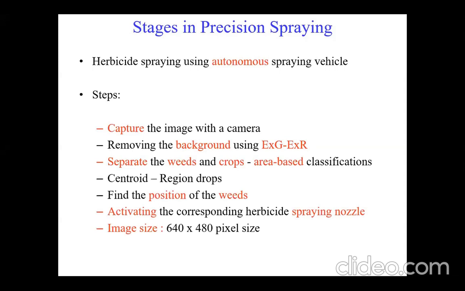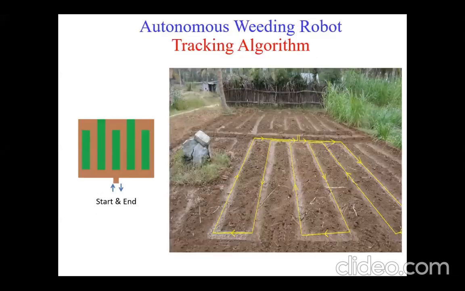The image size which we have taken here is 640 cross 480 pixels. Now I want to do all this process as an autonomous process, not a manual process. We want to make it autonomous. For row-based crops, we are going to have furrows and ridges.